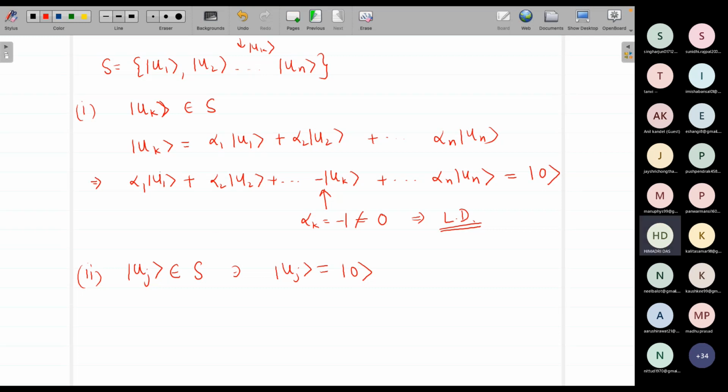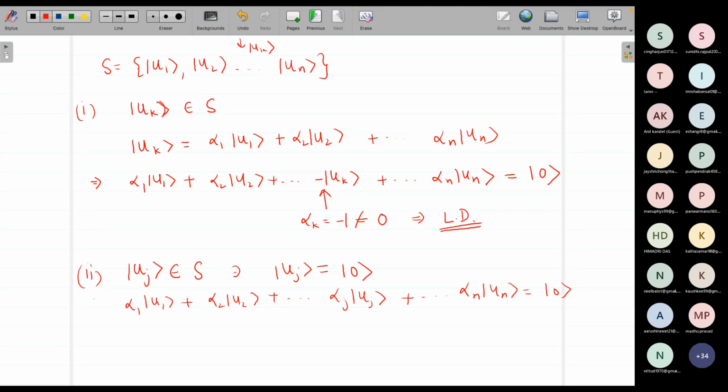Let's just try it out. Alpha 1 u1 plus alpha 2 u2 plus so on and so forth, alpha j uj plus so on and so forth, alpha n un. This is the equation which we try to figure out.